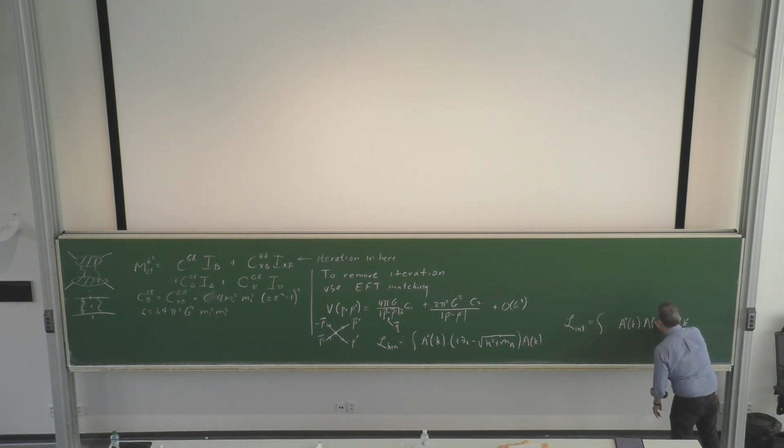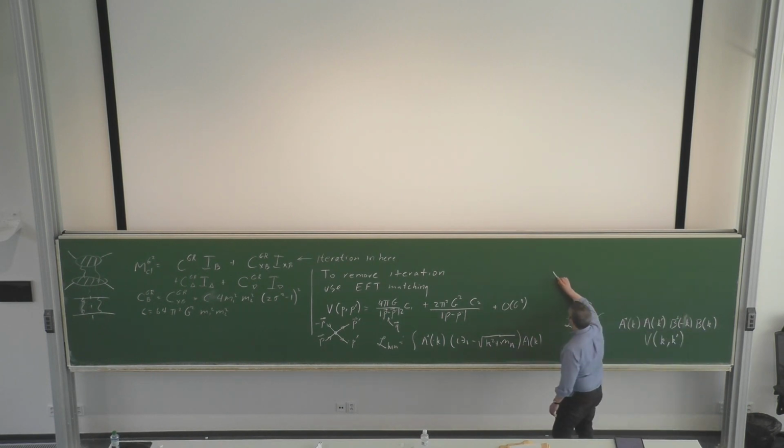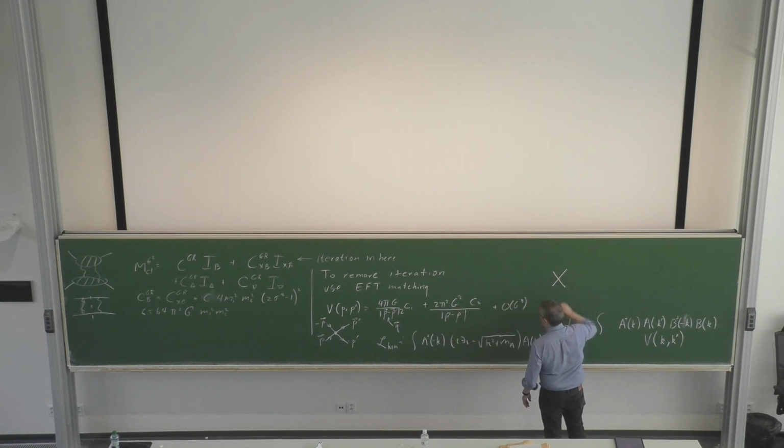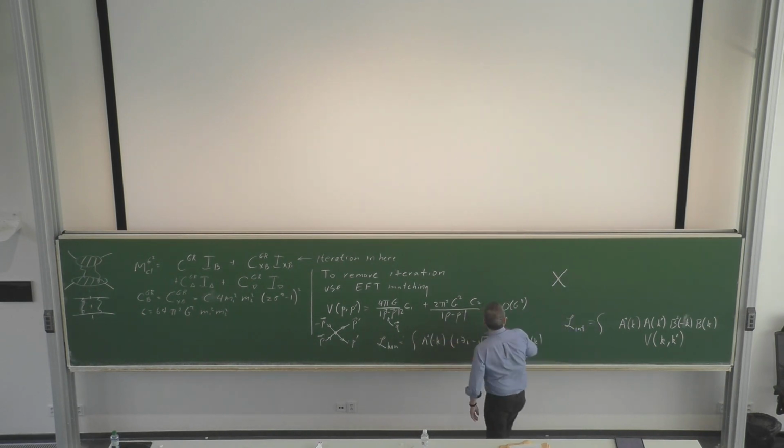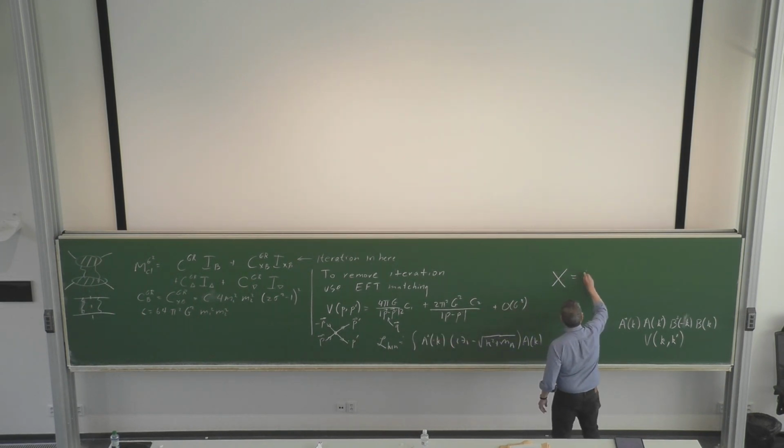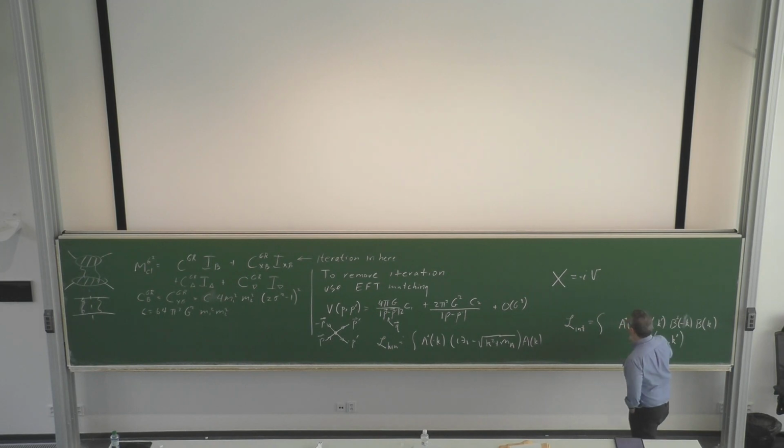This should be k prime, and this would be minus k, with a dagger, and this is B of k, and then the potential V of k and k prime. And that defines a 4-point interaction. So the 4-point interaction is the potential, minus i times V.